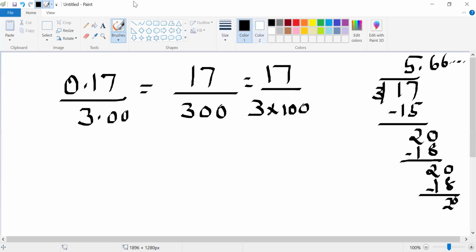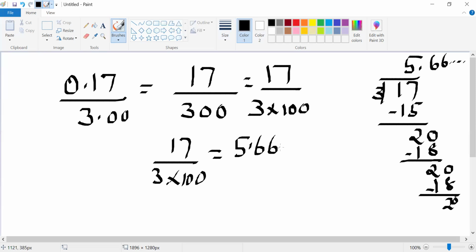It's a repeating decimal. So, let us take the first 2 digits only. So, what we got the answer is equal to 5.66 divided by this 100. So, what to do? The numerator is already a decimal. Denominator 100, 2 zeros. So, the decimal point has to go 2 places left.